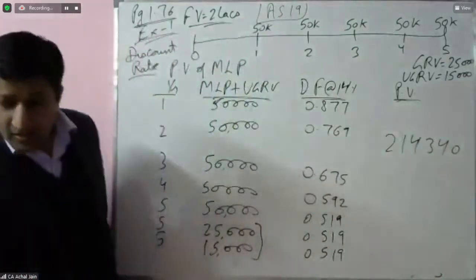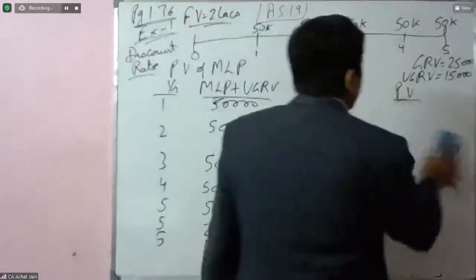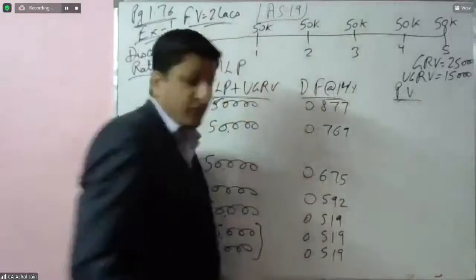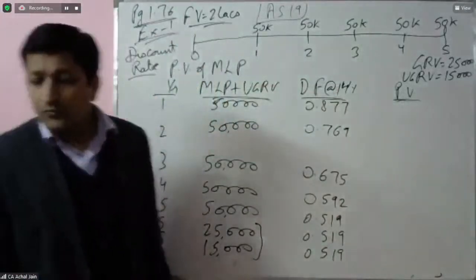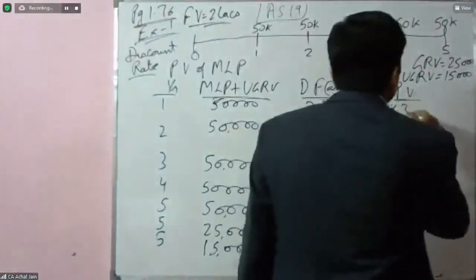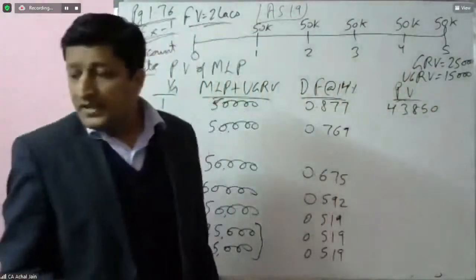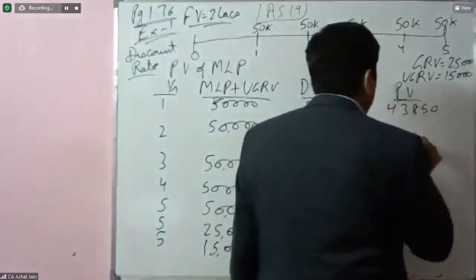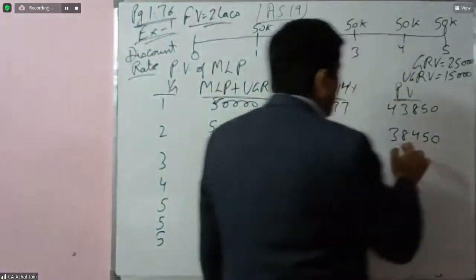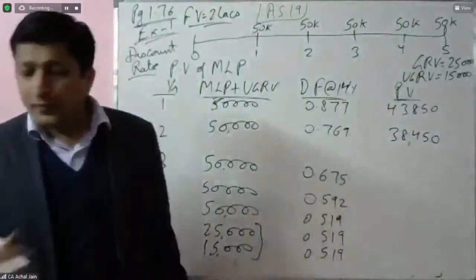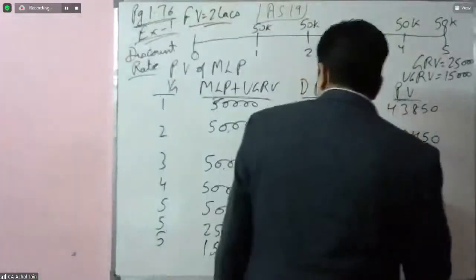Now we need to compute the present value, and we should hope that it works now. 43,850. Then we have 38,450. I would suggest that you compute this on your own. 33,750.